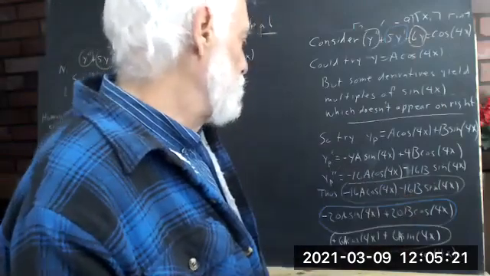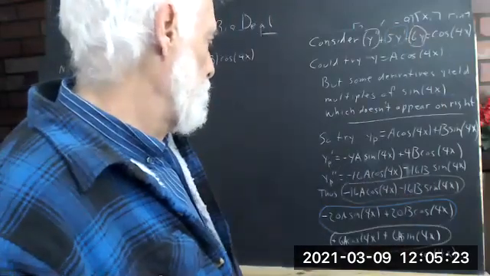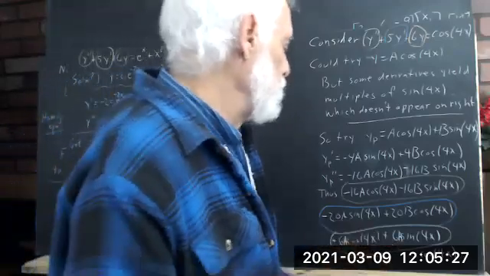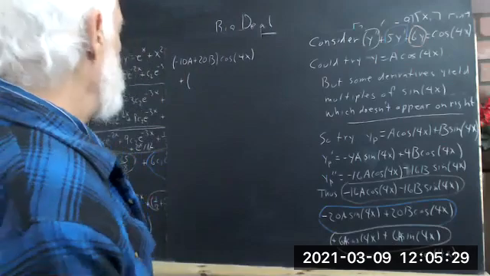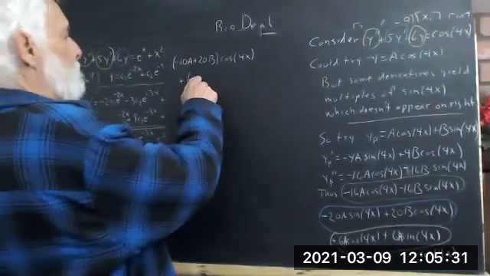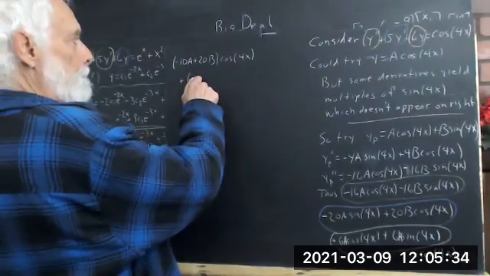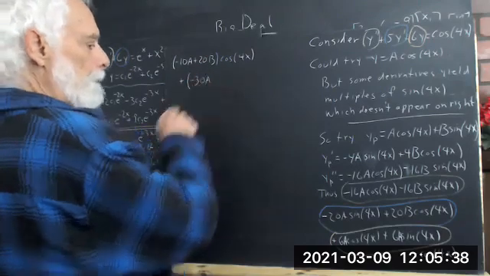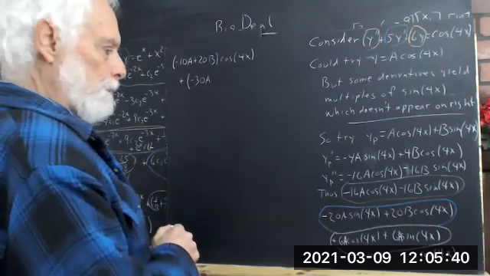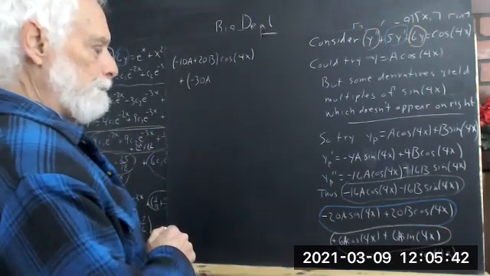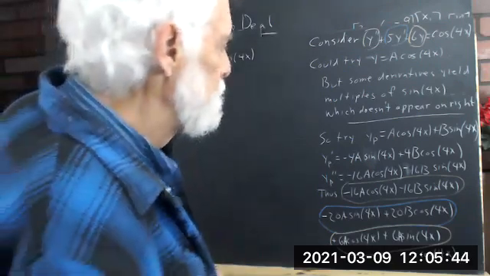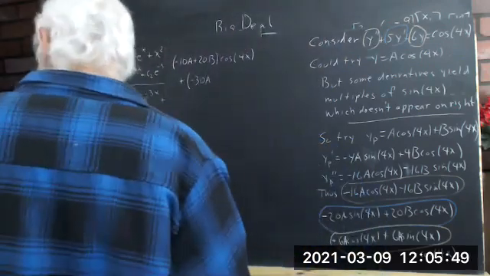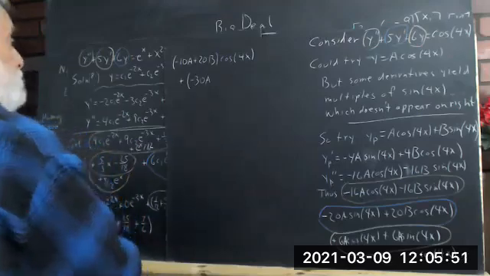Okay, so we have negative 16 and negative 20 is negative 36. And then 6 is 6. So we have negative 30a. It's not negative 30a because those weren't all a's.